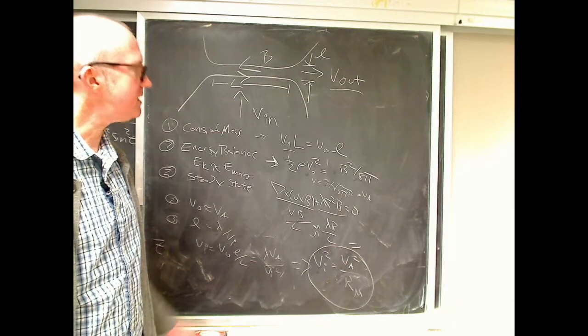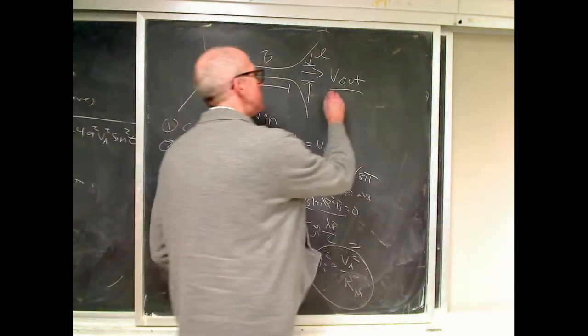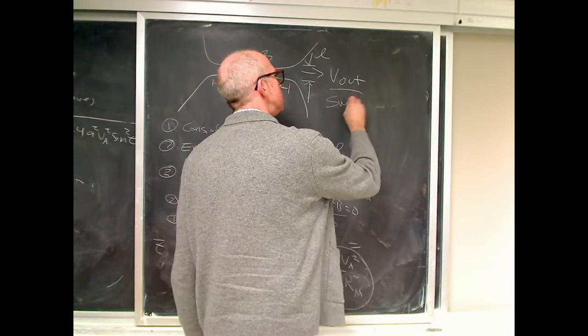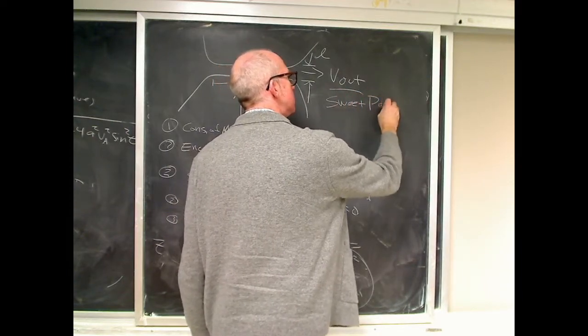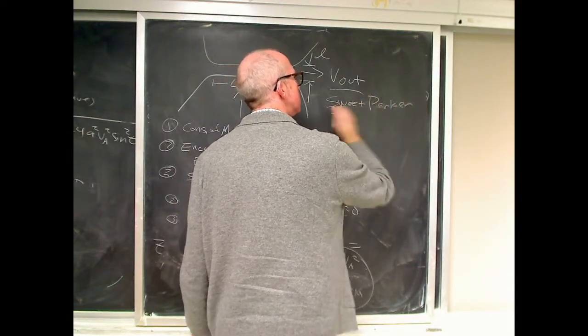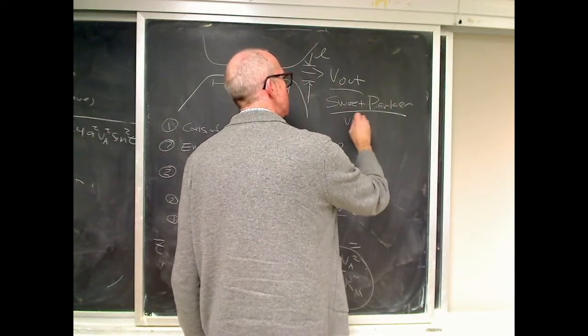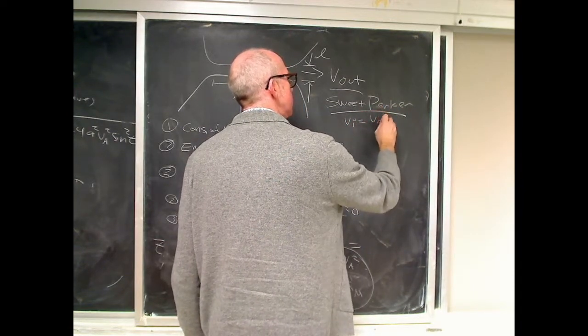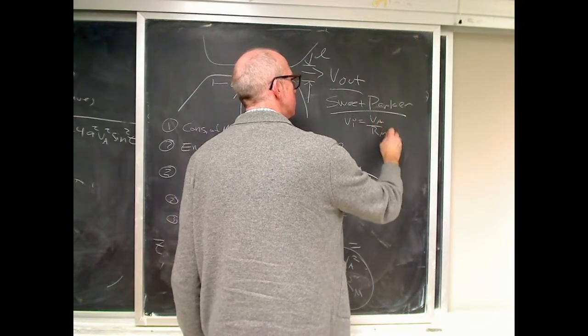So this is kind of problematic. So this is the Sweet-Parker reconnection rate, and that says that VI equals VA over the square root of R.